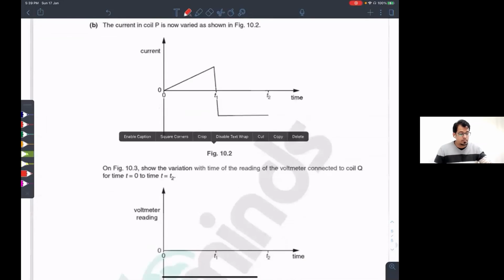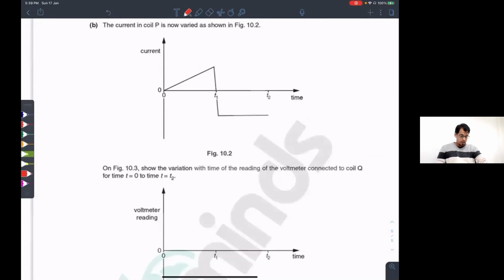Because in the exam, when this question is in front of you, if I'm not wrong, both the axes are identical. T1 and T1 are exactly in one line, T2 and T2 are exactly in one line. So this will help you. Drop a perpendicular from here.